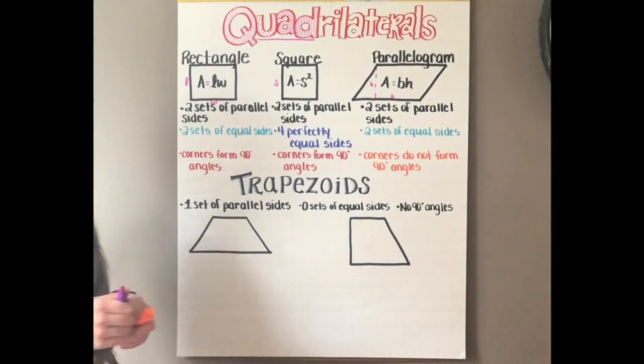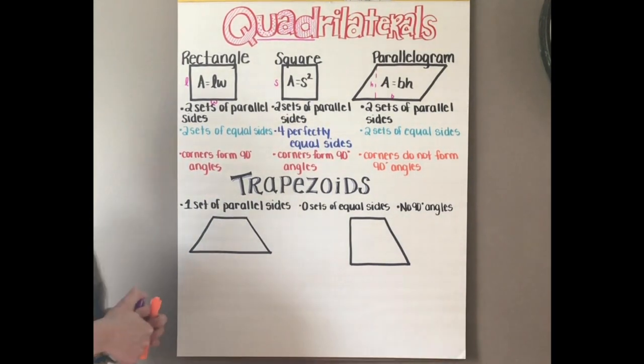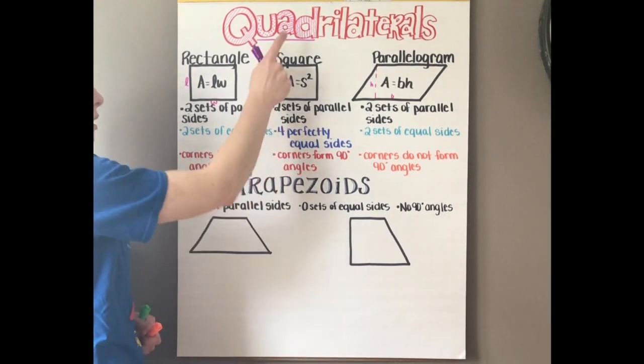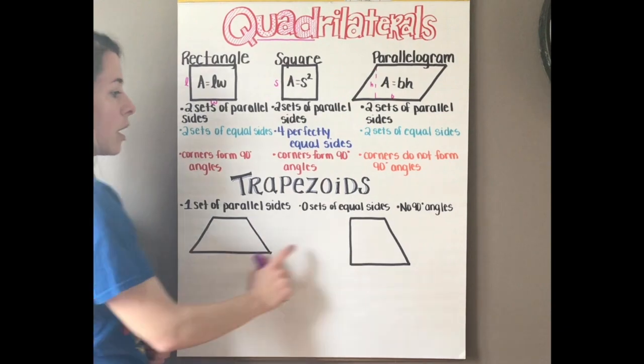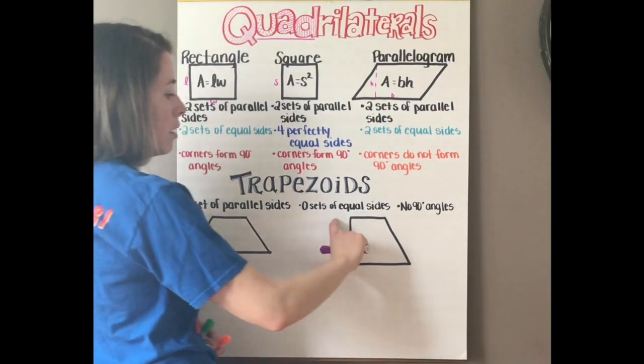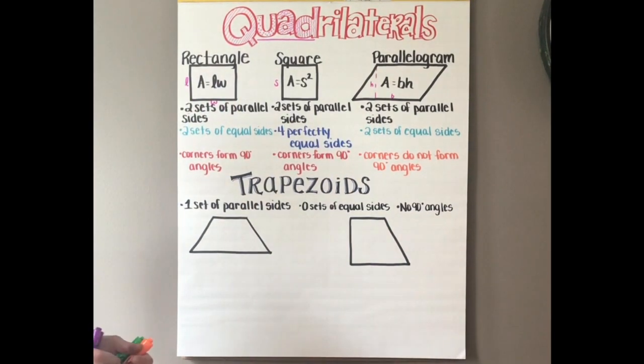So the new shape that we're looking at today is a trapezoid. A trapezoid only has one set of parallel sides. It's still considered a quadrilateral because it has four sides, but only the bases are parallel to each other. It does not have a rule about having equal sides, and it does not have a rule about having 90-degree angles.